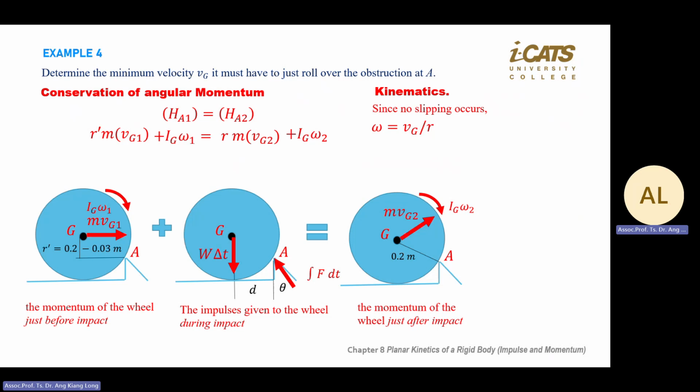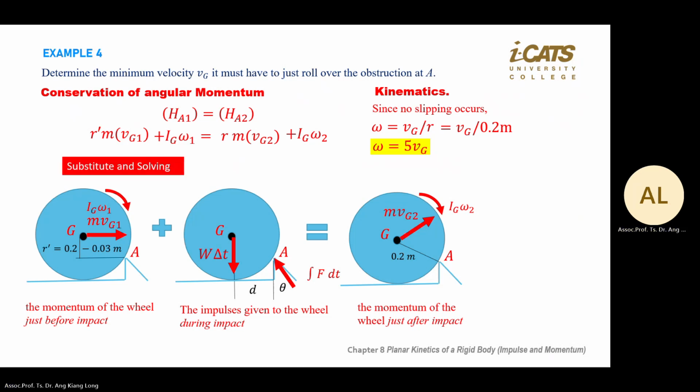And because there is no slipping, you can use V equal to omega R. So your omega equals 5V. Substitute inside, and you solve. You put in all the parameters from the slides.